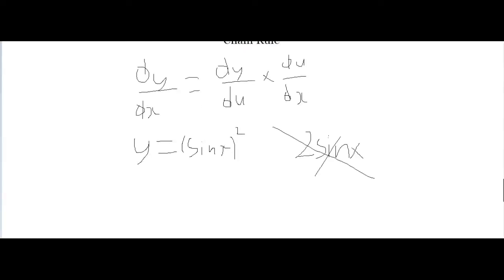The way we go about this is that we can substitute another variable u for sin x, and we can say let u equal sin x, and then we have y now being equal to u squared.